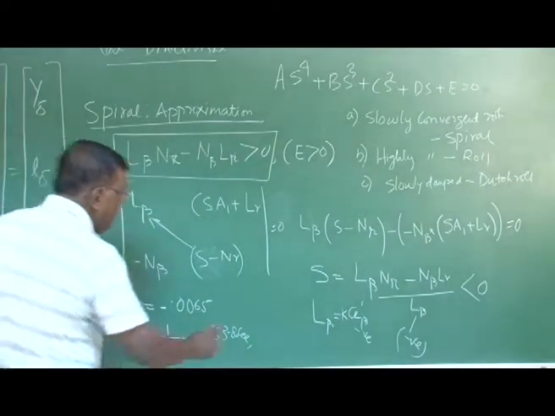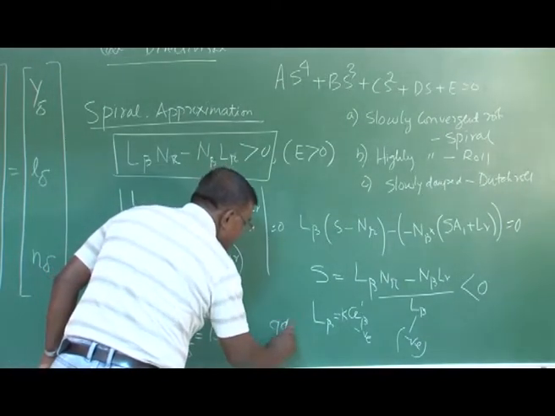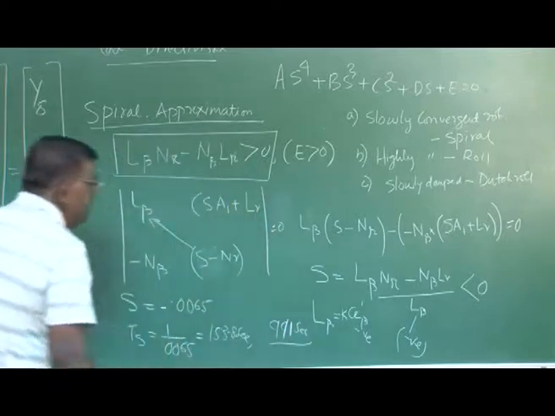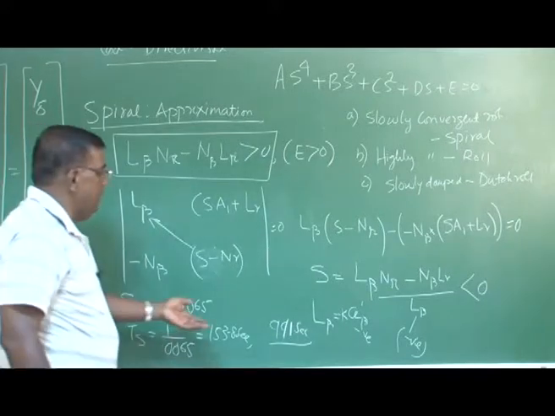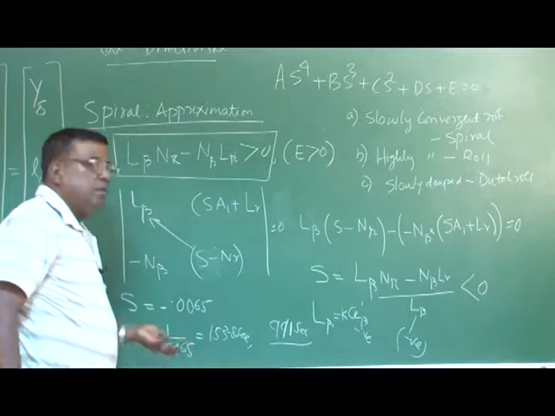But the exact solution was 991 seconds. Do you see how much different? So once we talk about it in a quantitative manner, this approximation does not give a very good result.